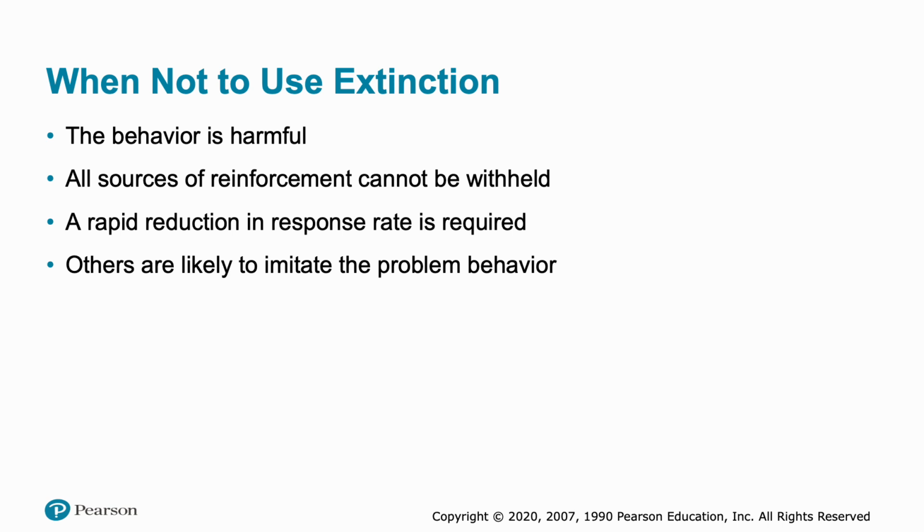It's okay. You can find an alternative intervention that might not be as effective as quickly, or that might take a little bit longer for you to see progress with, but there are other options for reducing a behavior.